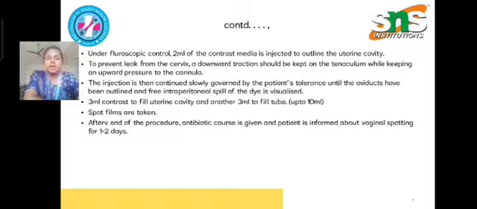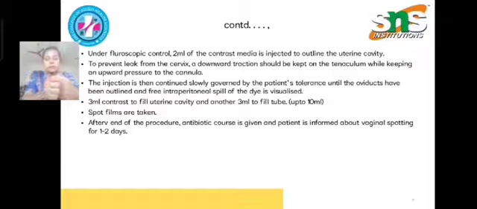from the cervix. A downward traction should be given from the tenaculum. If the cannula is in a straight position while we are injecting the contrast, there might be a chance of the contrast leaking from the cervix.